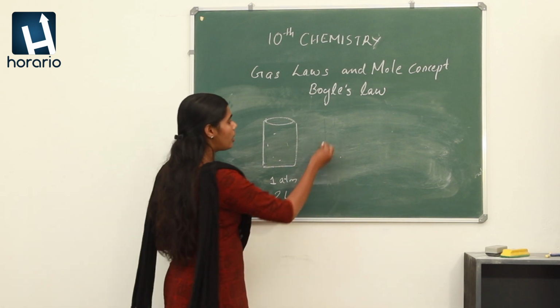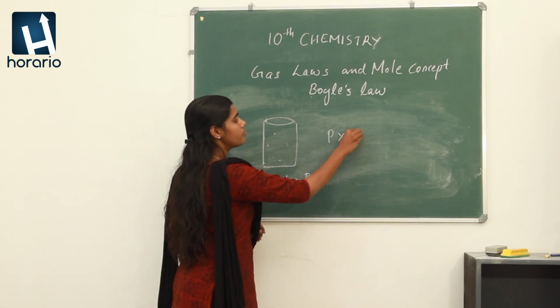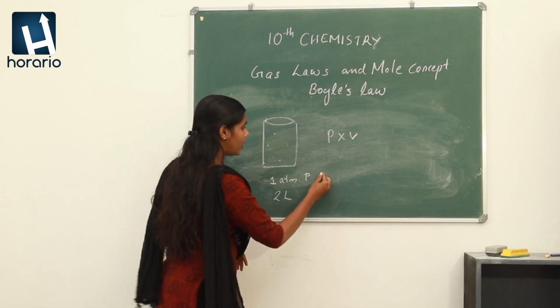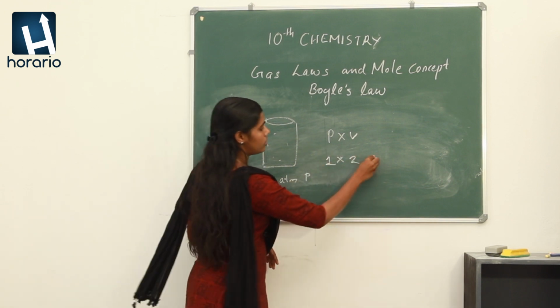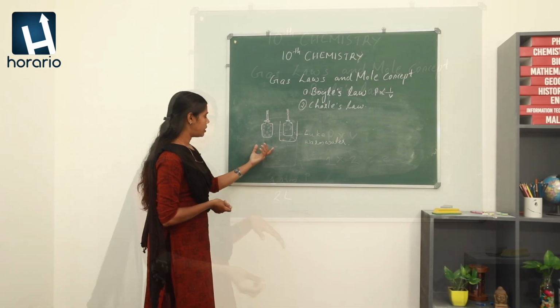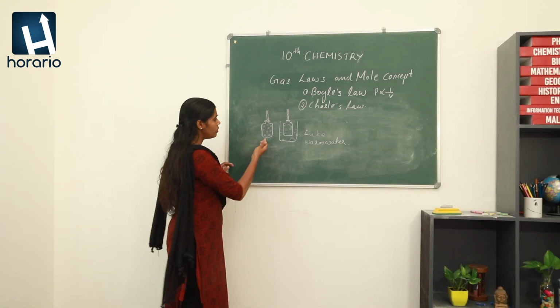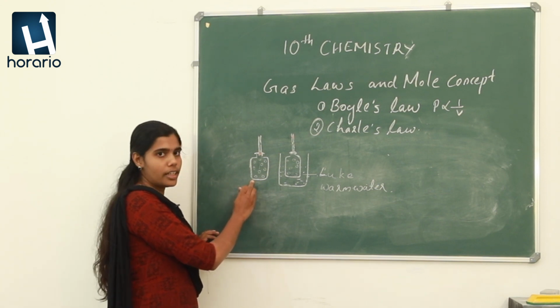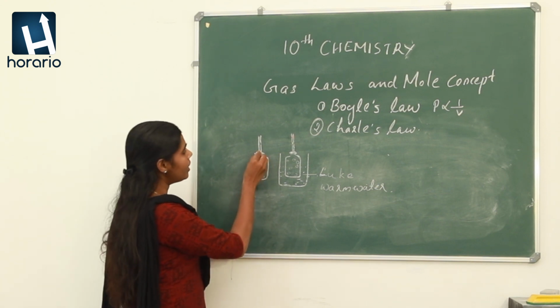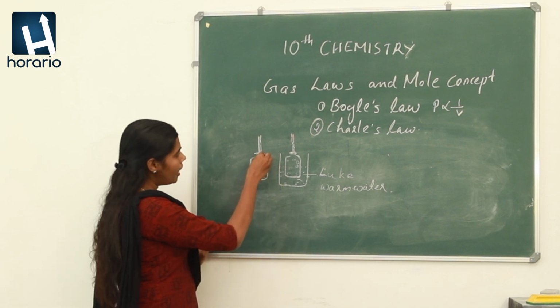So, can you find out P into V? It's very easy, right? 1 into 2, that is 2 itself.